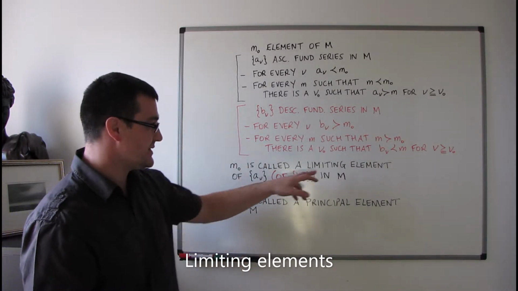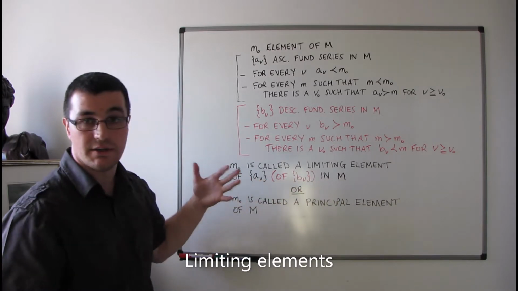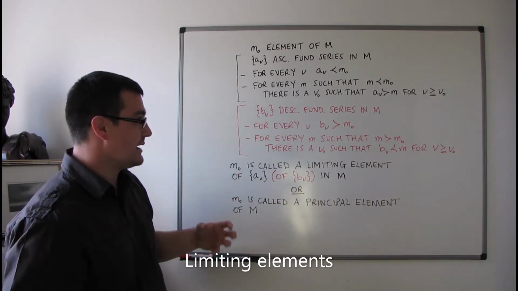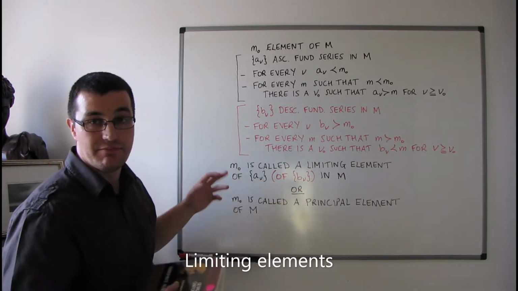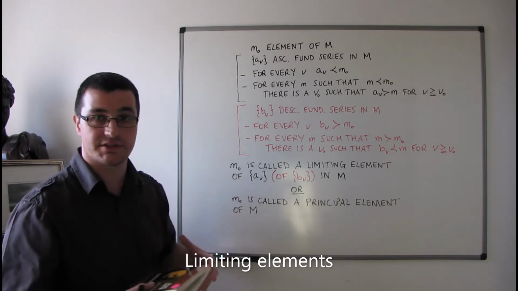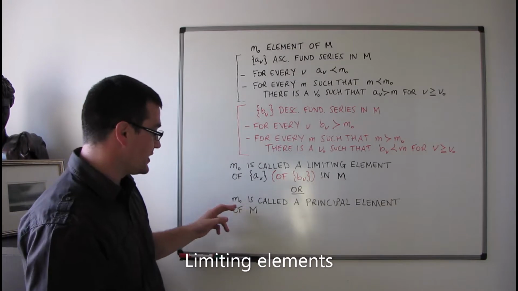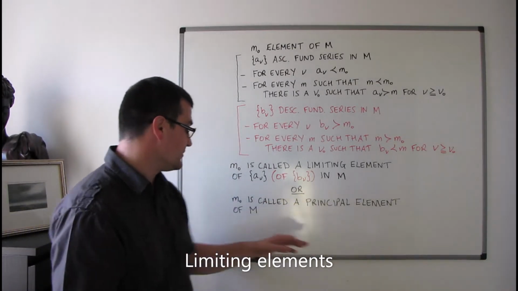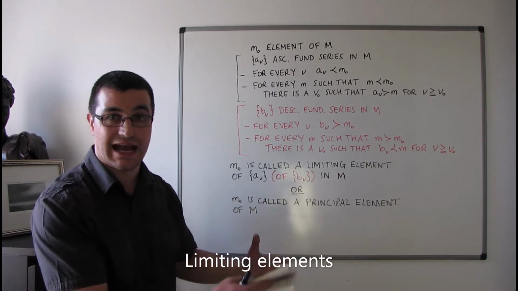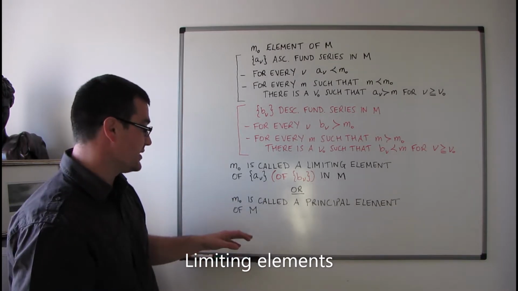So if we talk about a limiting element, we're really talking about this element M naught in relation to the fundamental series. If we talk about M naught as being a principal element, we're talking really in relation to the aggregate from which it's come.